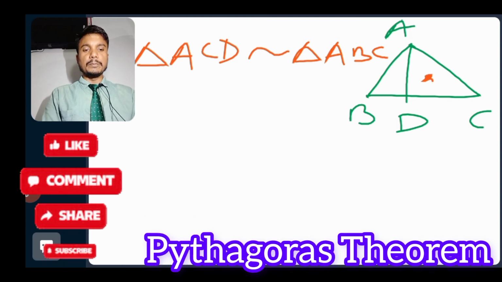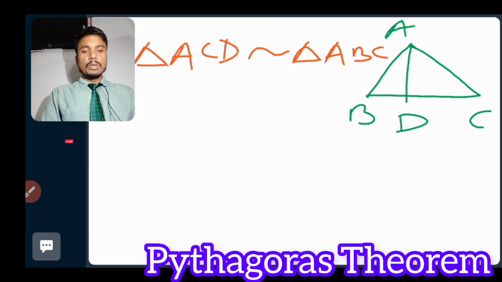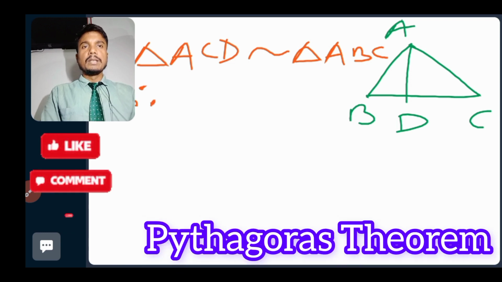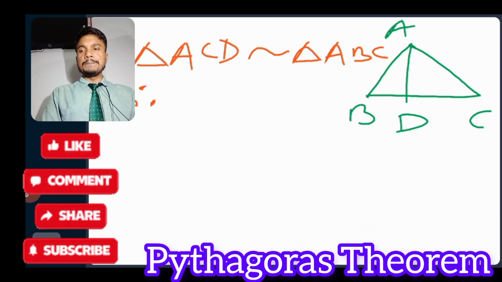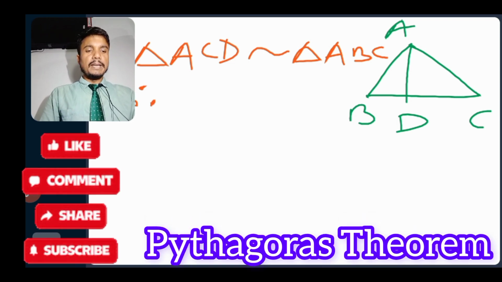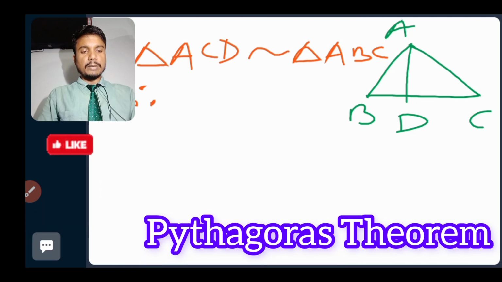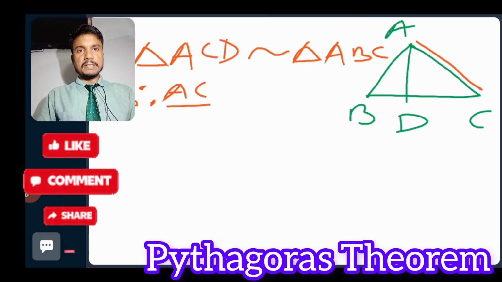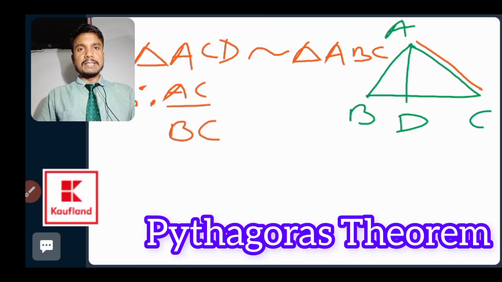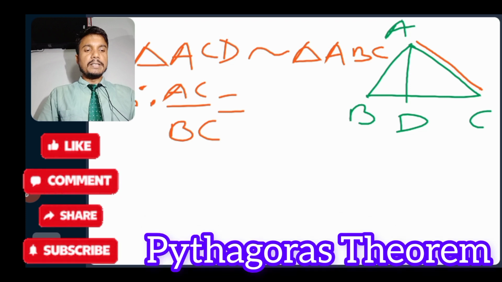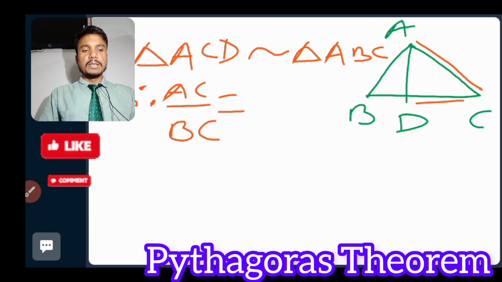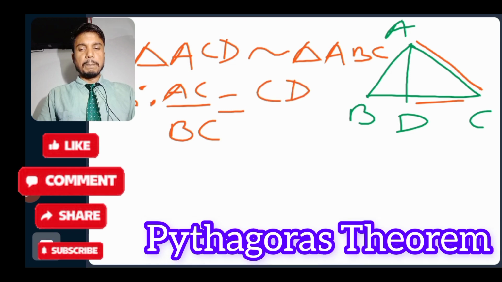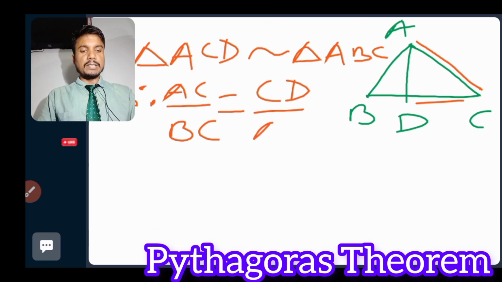Therefore, we can write AC by BC is equal to CD by AC.